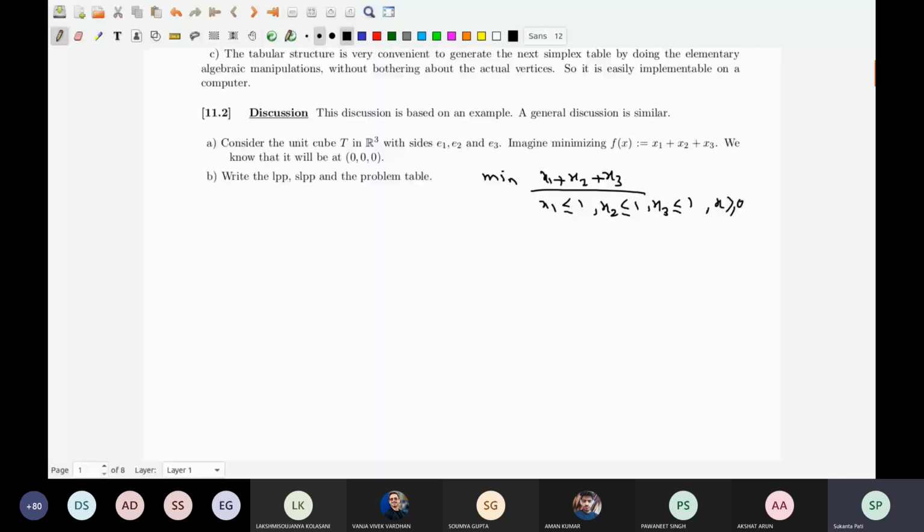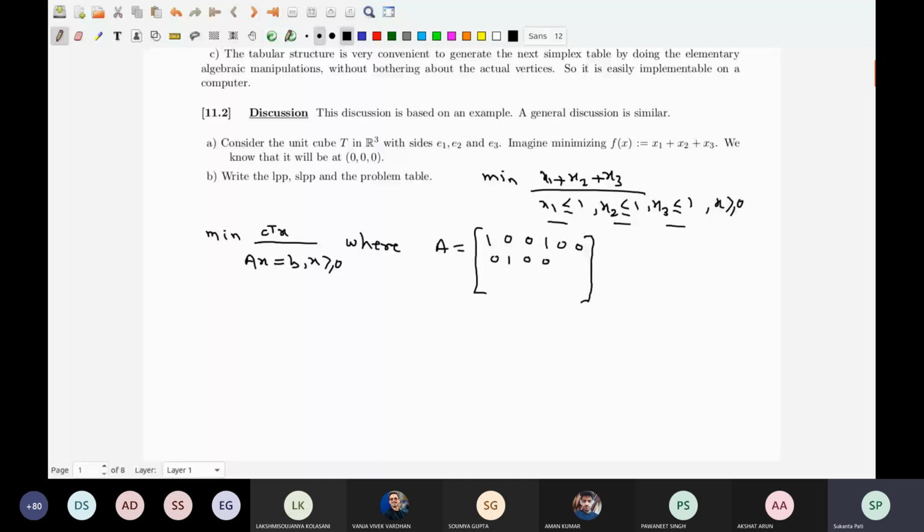What is the SLPP? Now the SLPP would be this: minimize C transpose X subject to, I am writing in the matrix form, Ax equal to B, X greater than equal to 0, where A is equal to, see, there are 3 inequalities here, so I will add 3 slack variables: x1 plus x4, 1 0 0 1 0 0, this is x2 plus x5, 0 1 0 0 1 0, this is x3 plus x6, 0 0 1 0 0 1.